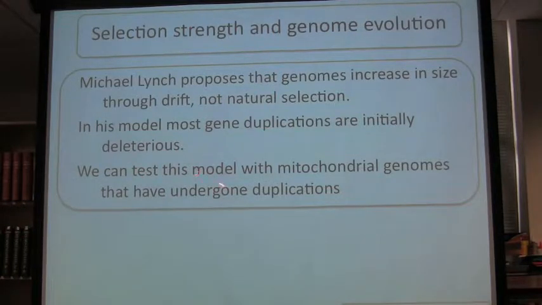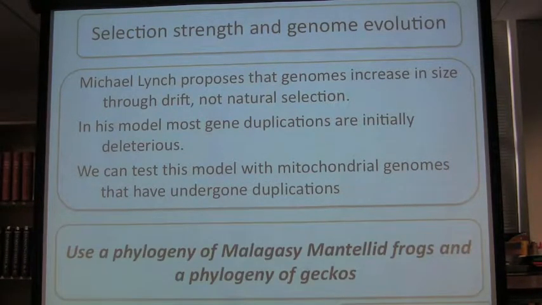And so basically what we wanted to do in this paper with Matt Fujita and Jeremy Brown, who were also at DMBZ, was to test this model with mitochondrial genomes that have undergone duplications. So those mitochondrial genomes were from, again, the frogs that I showed you before, as well as geckos.